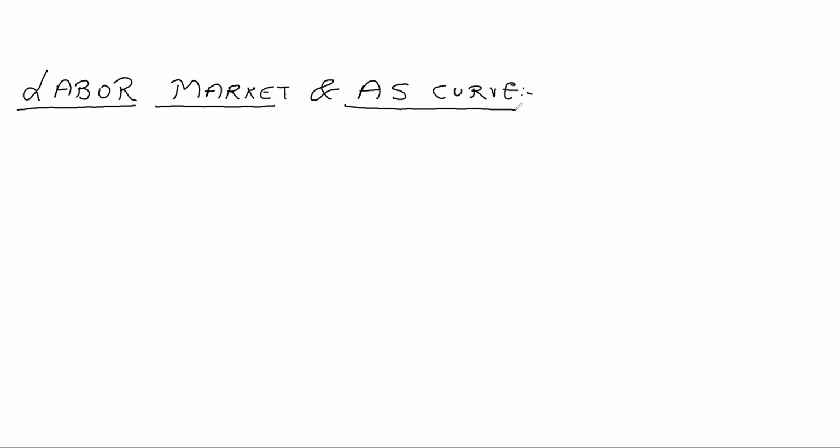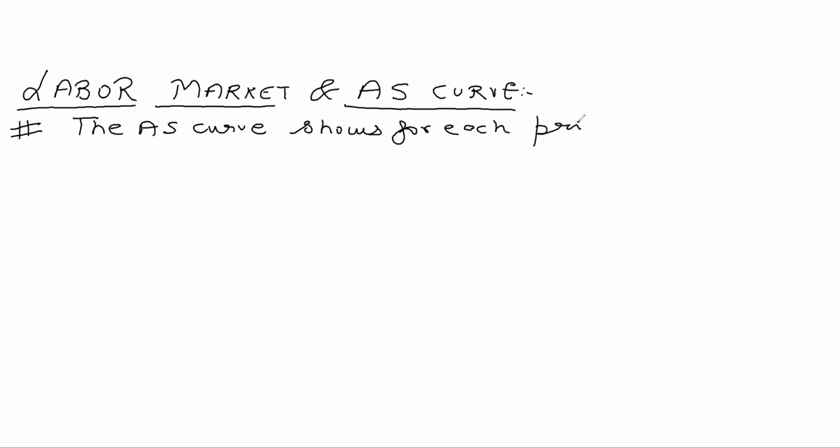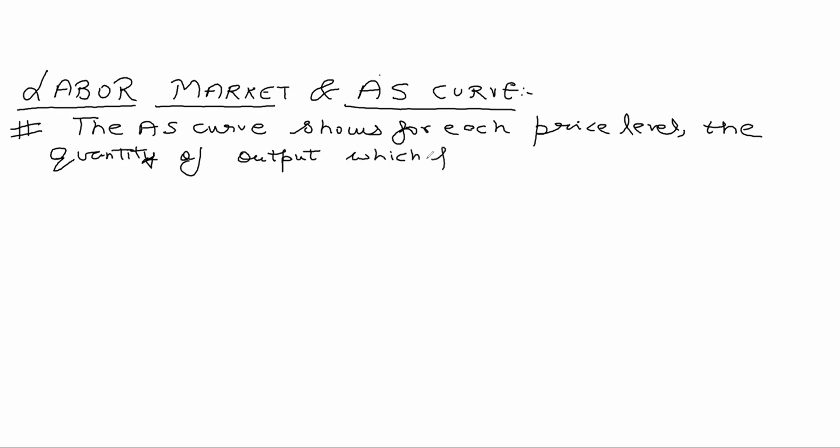So what does the aggregate supply curve show? First of all, the aggregate supply curve shows for each price level the quantity of output which the firms are willing to supply.